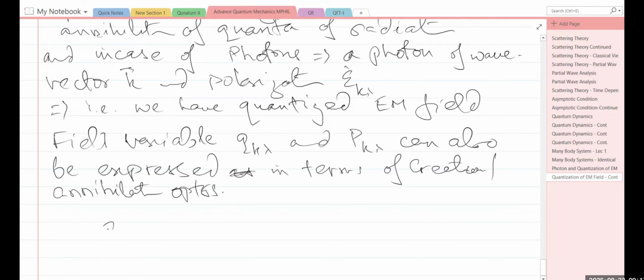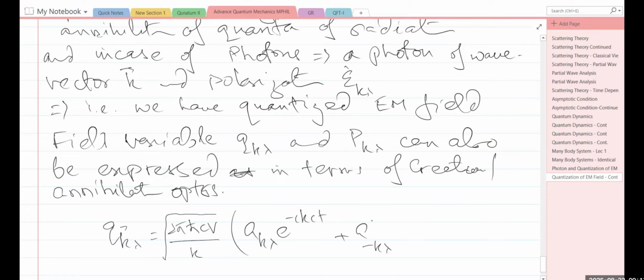That would mean q_k lambda equals the square root of the scale factor 2 pi h bar c V over k times a_k lambda e to the power minus i k c t plus a_minus k lambda dagger e to the power plus i k c t.